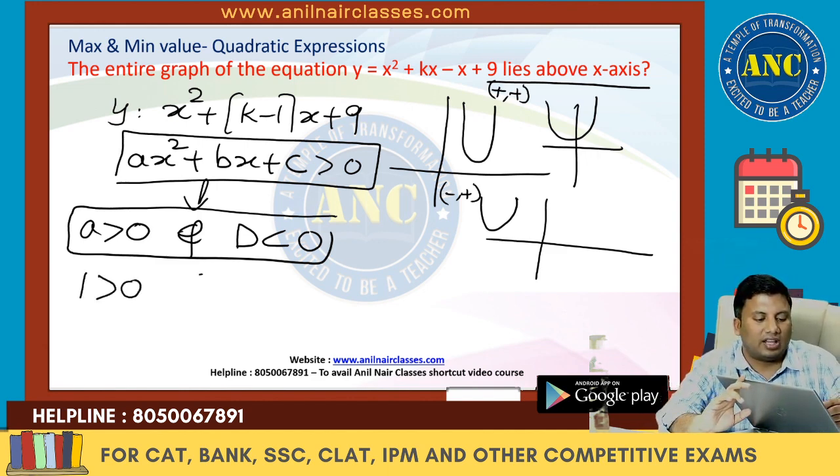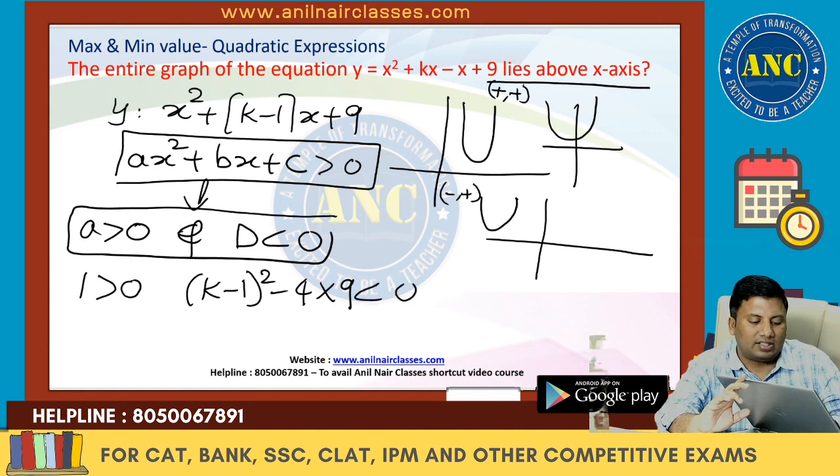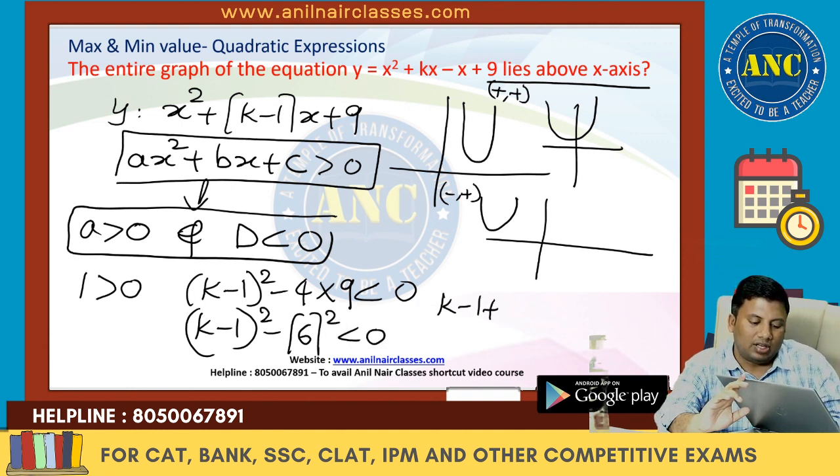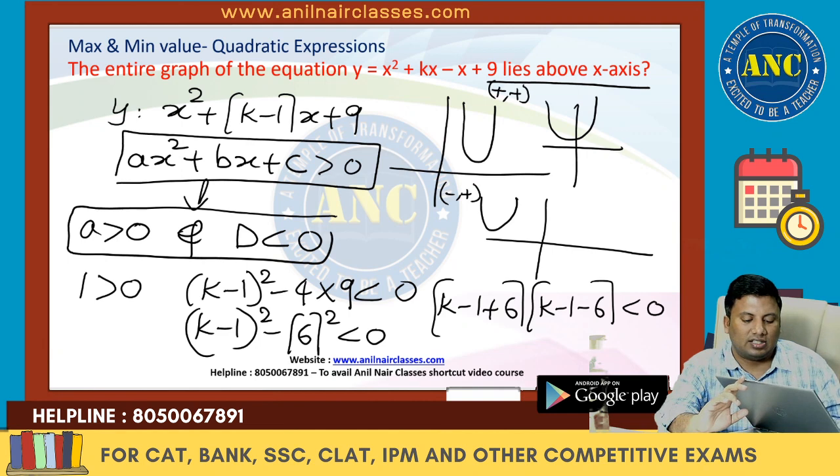1 is greater than 0. B square minus 4ac less than 0. This is (k minus 1) square minus 6 square less than 0. (k minus 1 plus 6) into (k minus 1 minus 6) is less than 0.